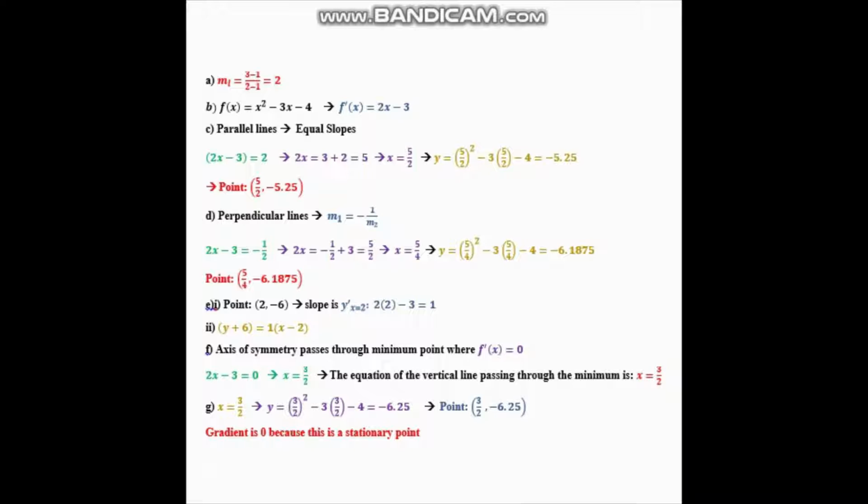So since x equals 3 over 2, y equals 3 over 2 squared minus 3 times 3 over 2 minus 4, which gives me negative 6.25. Hence the coordinates of the vertex are 3 over 2 and negative 6.25. And as we mentioned, the gradient is 0 because this is a minimum point, which is a stationary point.